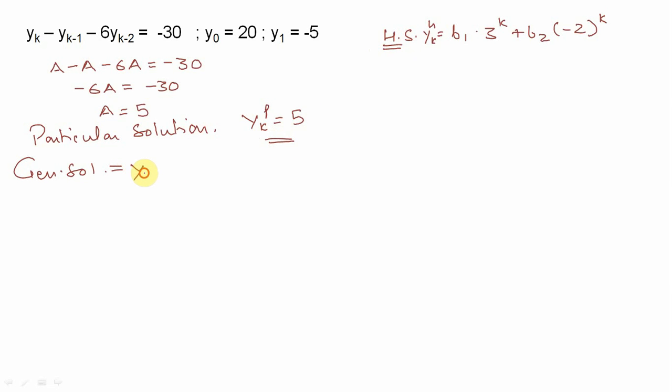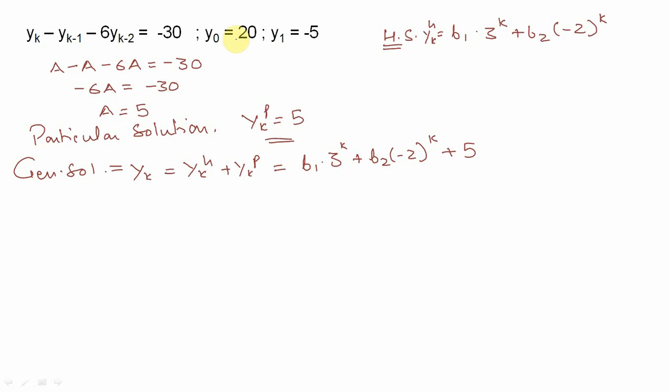The general solution is yk is equal to yk homogeneous plus yk particular. That means I get b1 times 3 to the power k plus b2 times minus 2 to the power k plus 5. This is the general solution.